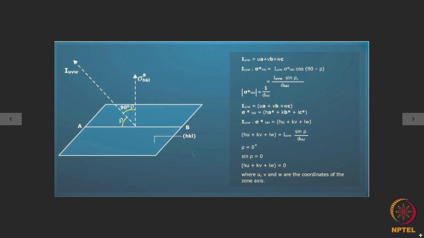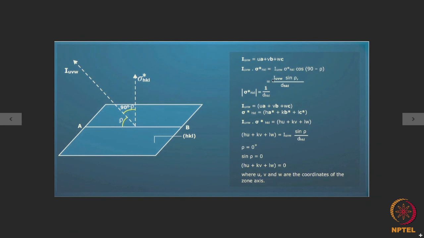So, now we can write down I UVW vector. It is in the real space. It is equal to UA plus VB plus WC. So, if we make a dot product of I UVW and sigma star HKL, then it will be magnitude of I UVW, magnitude of sigma star HKL, into cosine of 90° minus rho.